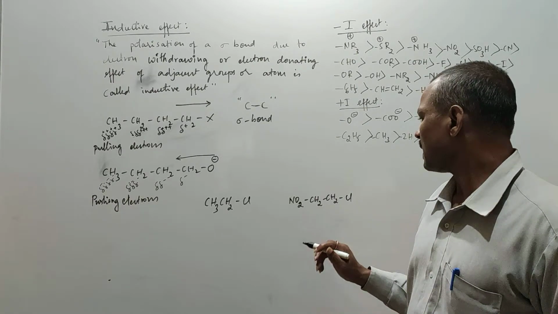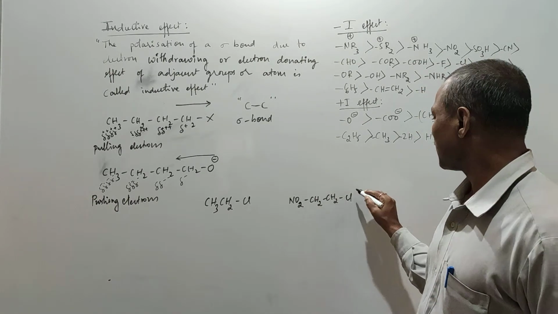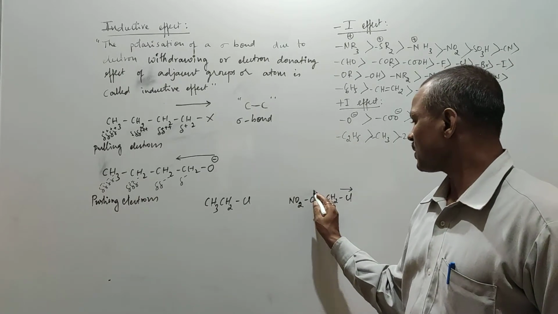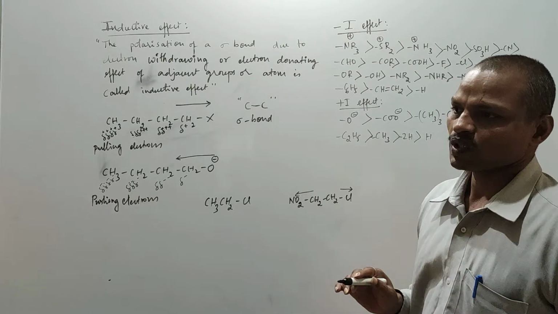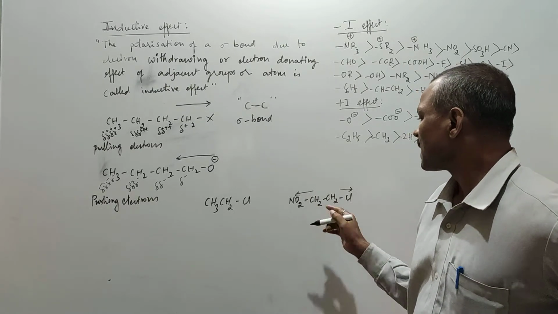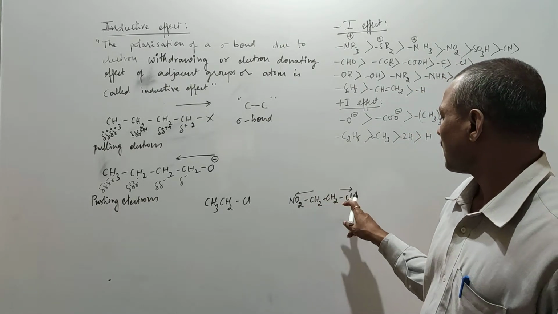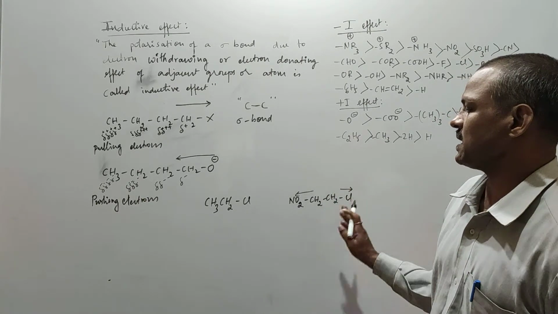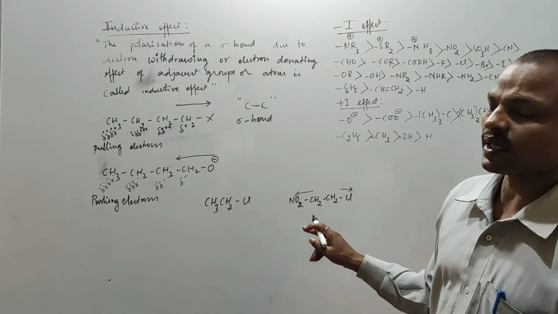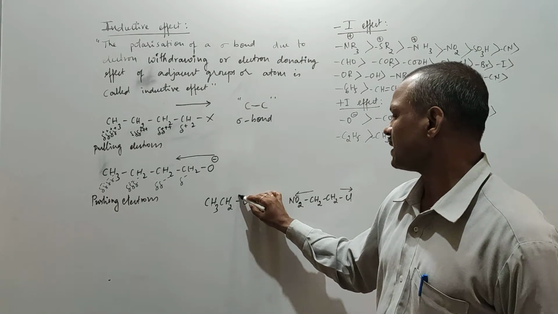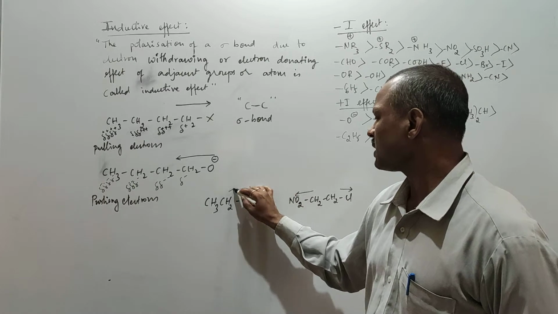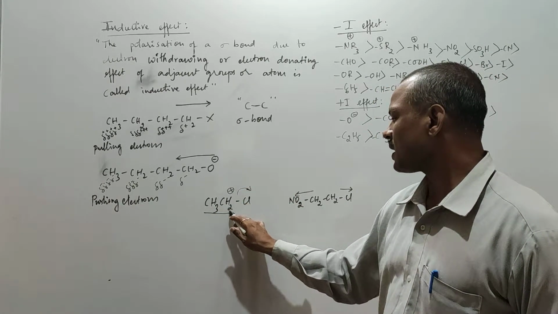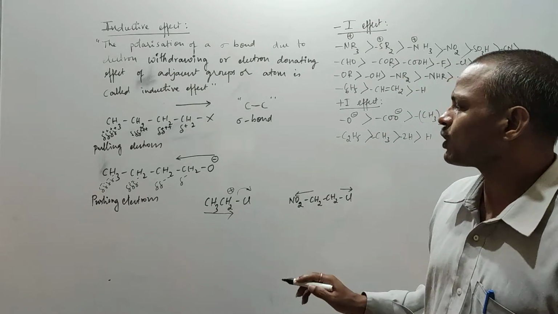Here we know the nitro group is electron pulling. So the chloride cannot detach from the molecule easily in one, but in the other the chloride can detach easily. It can show the carbocation easily, because the alkyl is the electron donating group.